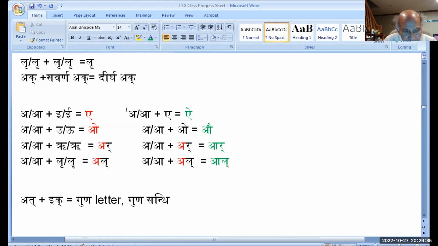We took the pivot as it is. Instead of adding equivalents, we added guna letters. The result came as a Vriddhi letter. If you call this a guna sandhi, this is a Vriddhi sandhi, what is coming out. So at plus ik gave a guna letter. We call that guna sandhi. Now we can put a similar one here.